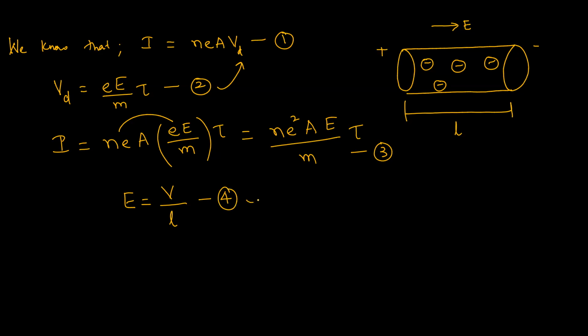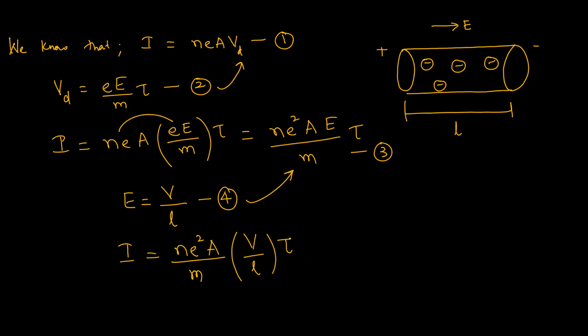Now, taking this 4 and plugging into 3, what are we going to get? If you observe, I will be equal to n e square A divided by m into, in the place of E, I can write it as V divided by L into tau. Makes sense?